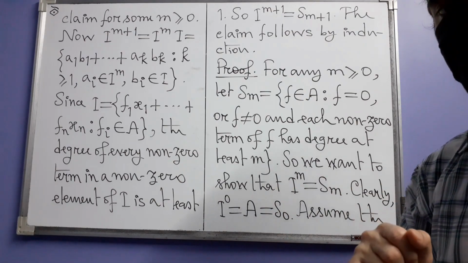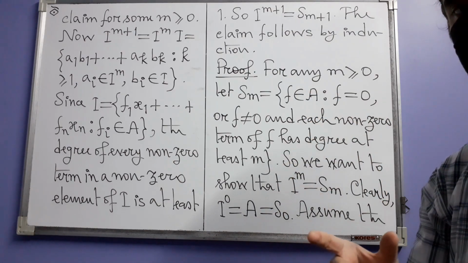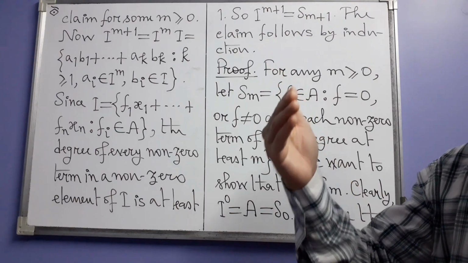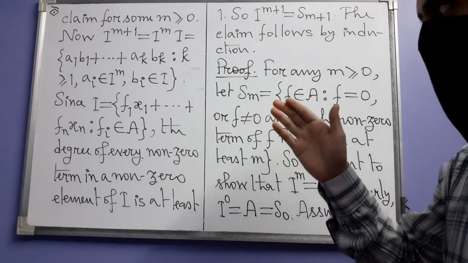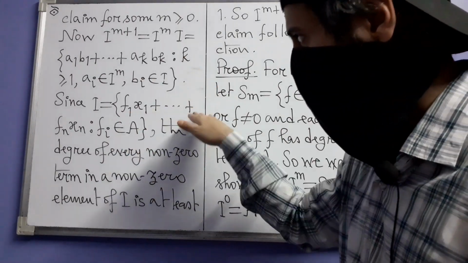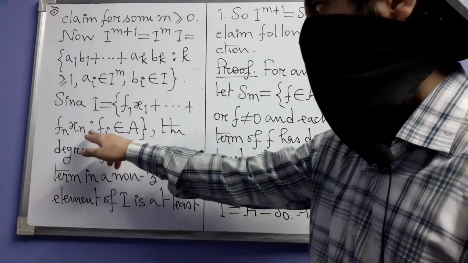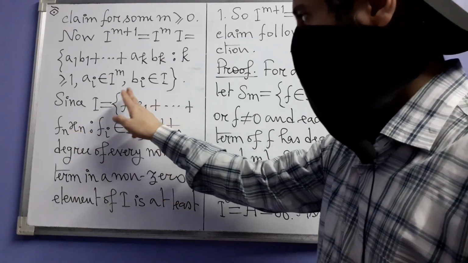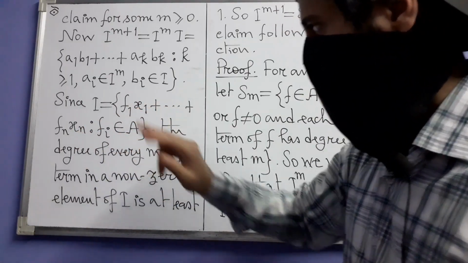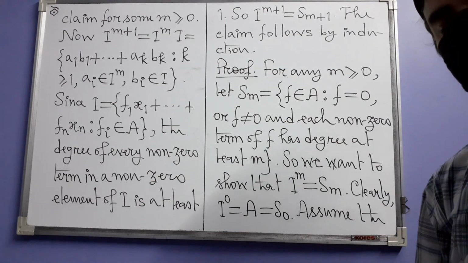However, what is I? The original ideal I is the ideal generated by those xi's, the unknowns. So the general element in I will look like this. It's a linear combination of all the xi's, and the coefficients are arbitrary polynomials from the original ring.